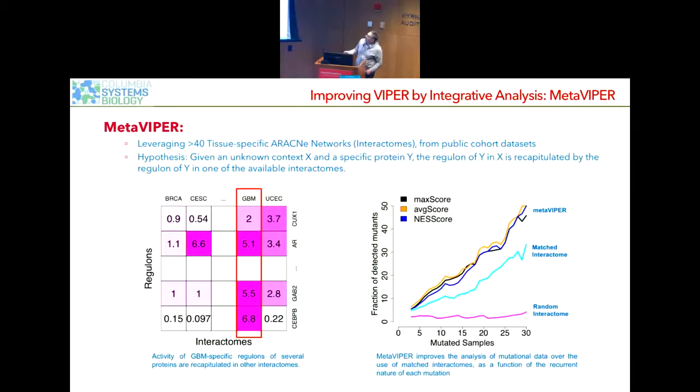So if you use the correct glioma network, you get this. You get a pretty good ability to recover the activity, especially for the mutations that are more recurrent. But if you use metaVIPER, you do even better. So metaVIPER is eliminating, not using, in this particular case, the correct network. So eliminating the glioma network, using only the others.